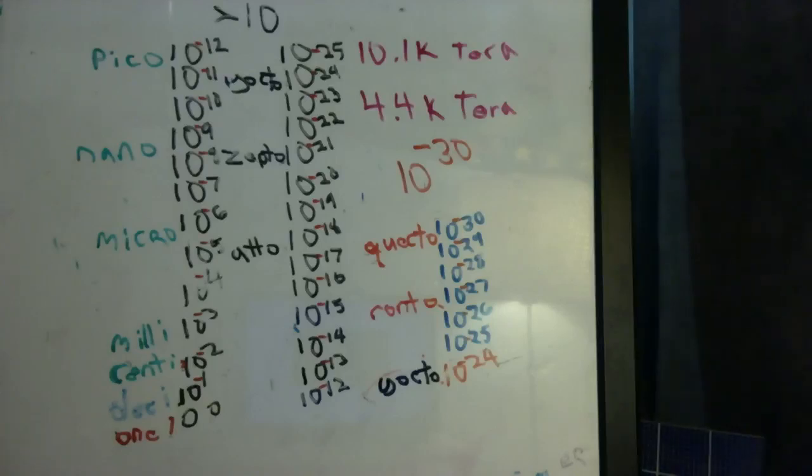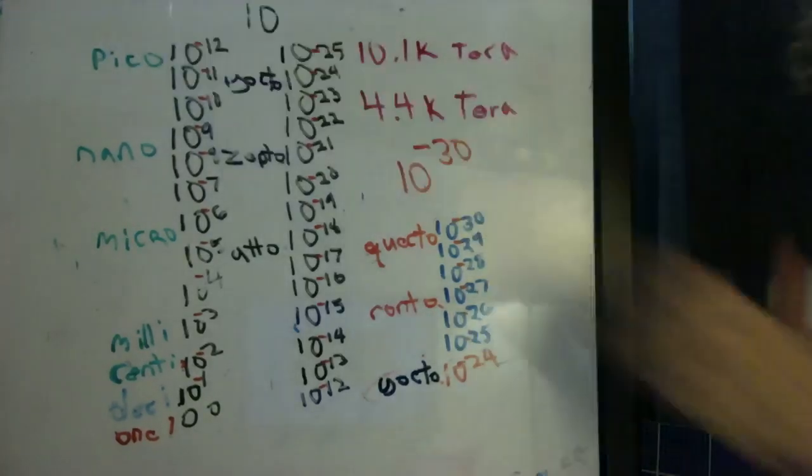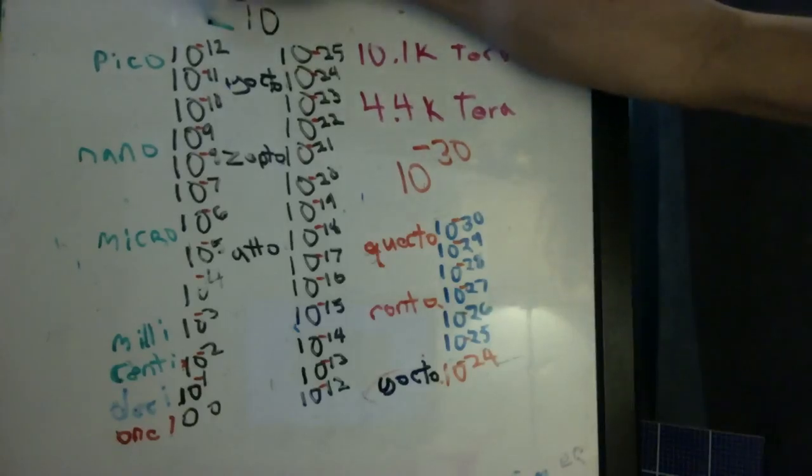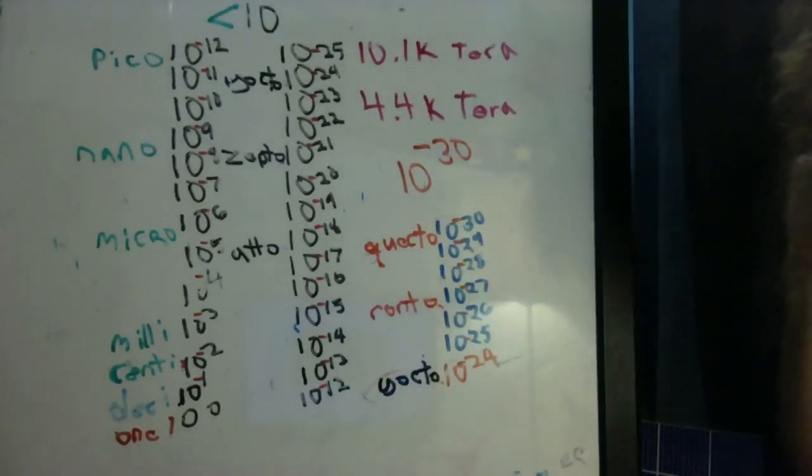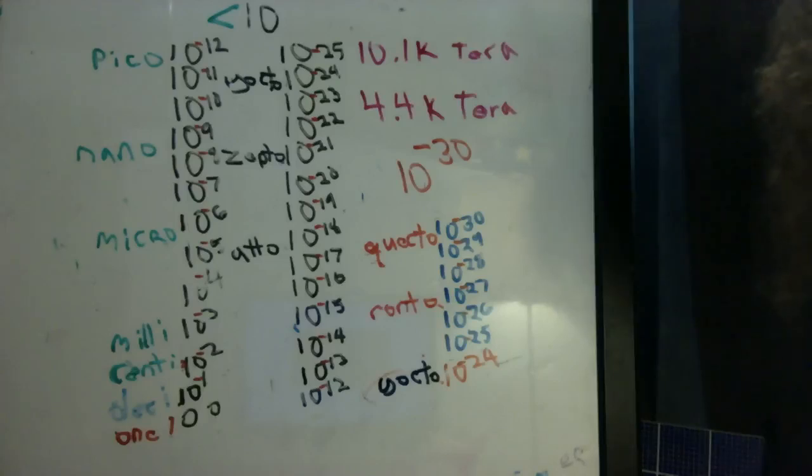And I gotta change this right here because now we're less than 10. Did I get to the rest? No, I didn't, because what comes after pico? A lot of people don't know.